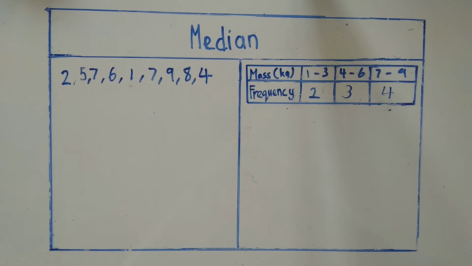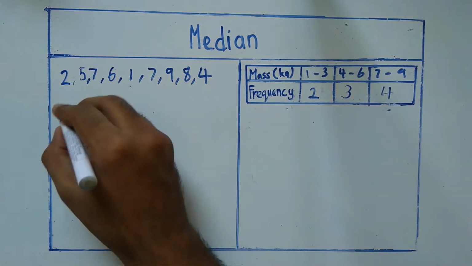The median is the value separating the higher half and the lower half of the sample. Basically, it is the middle value of the dataset. To obtain the median in ungrouped data, we need to rearrange the data in ascending order.